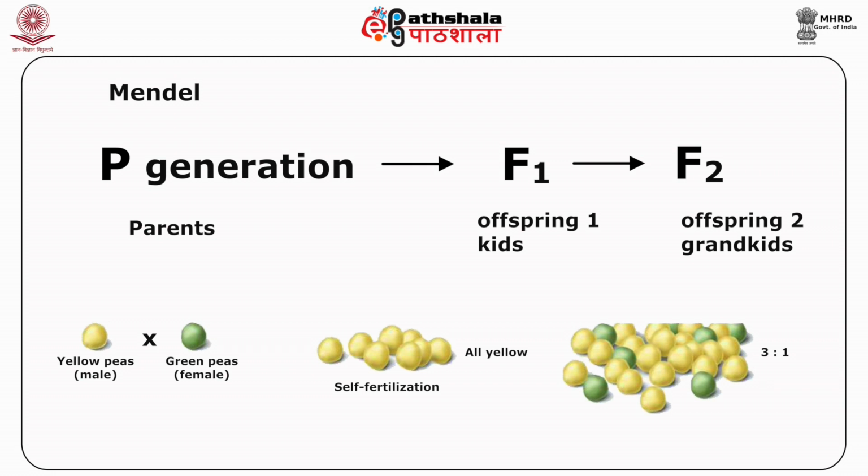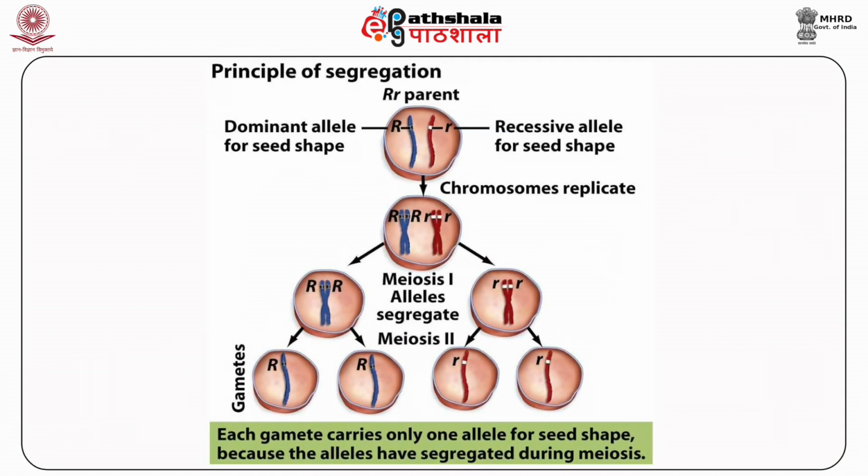These factors then coexist in the F1 generation, which later reappear in the F2 generation in a ratio of 3 is to 1.